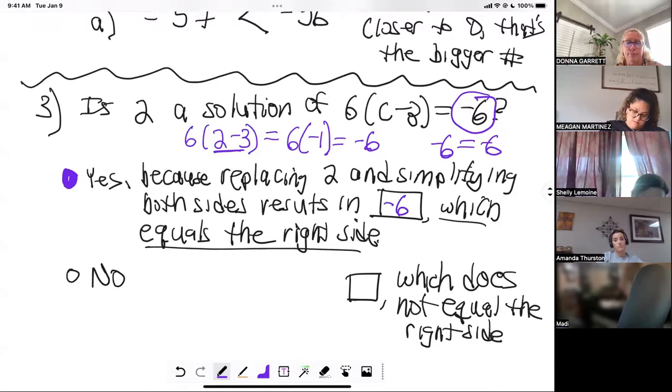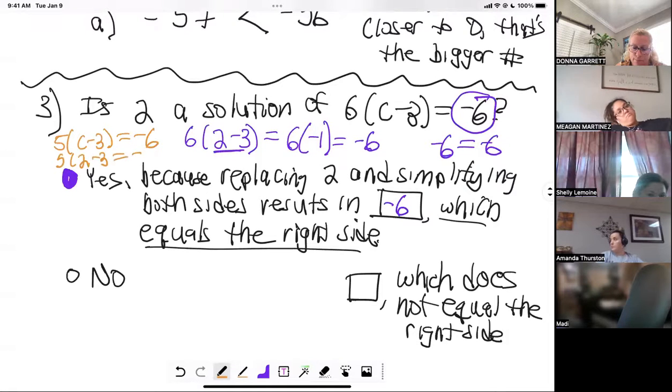So let's just say I'm going to change my color again. Let's just say that the problem was 5 c minus 3 equals negative 6. If I put 2 in, I get 5 times negative 1, which is negative 5, which does not equal negative 6.